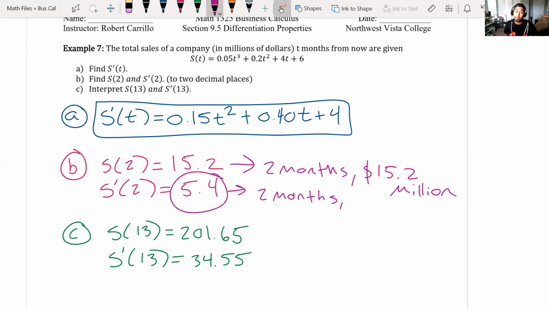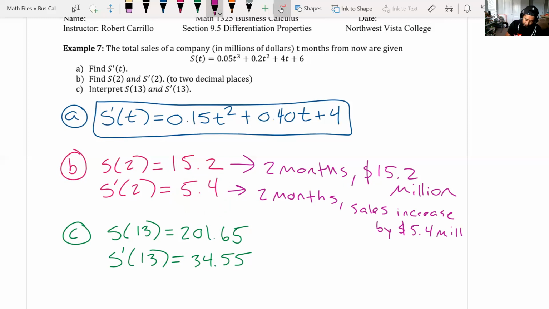If it's negative, that means it's decreasing, because you have to think of it in slope terms. So at the 2-month mark, our sales are increasing by $5.4 million. Sales increase by 5.4 million, and it's going to be the same exact explanation below.